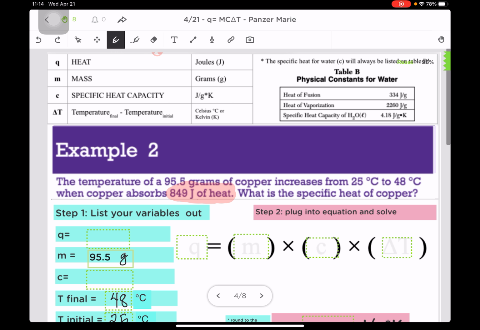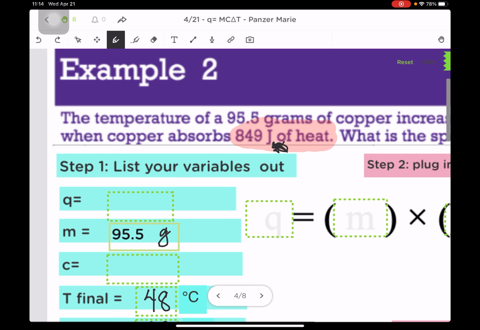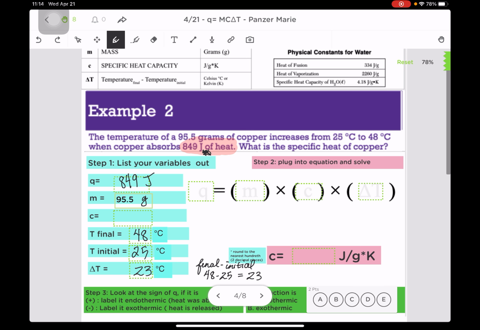There's no G or K over here. Nothing, just joules. That means it is going in for Q. All right, and the rest of the question: what is the specific heat capacity of copper? They were being upfront with us here, telling us what we're looking for. So specific heat, C, is what we are solving for.